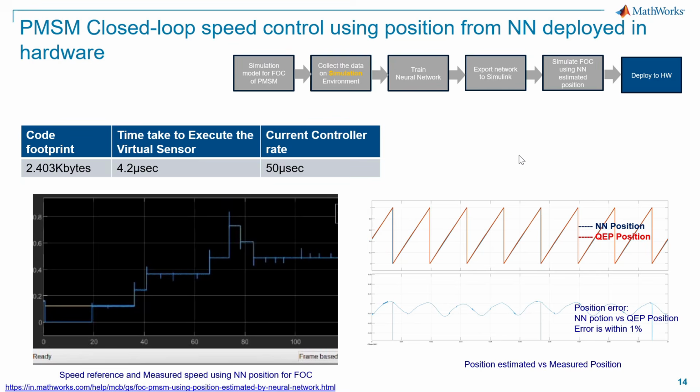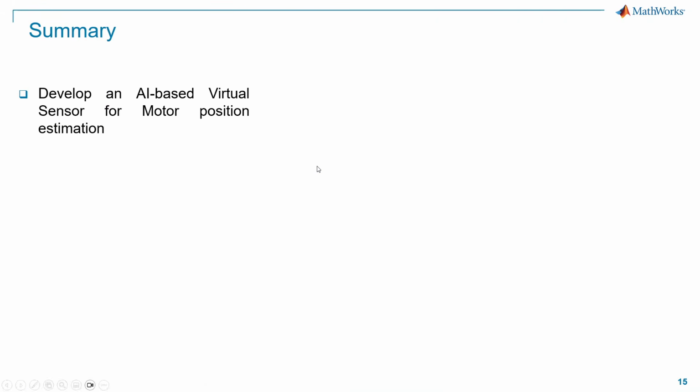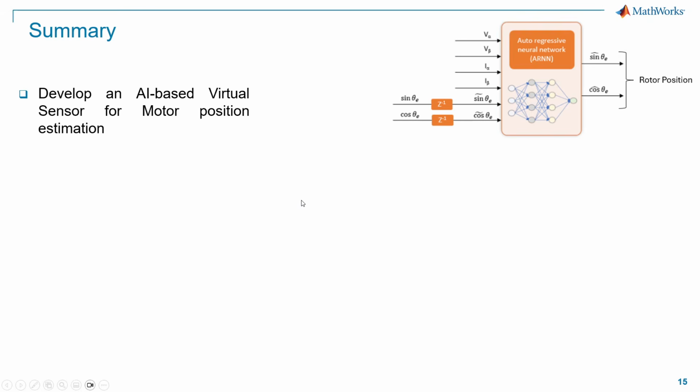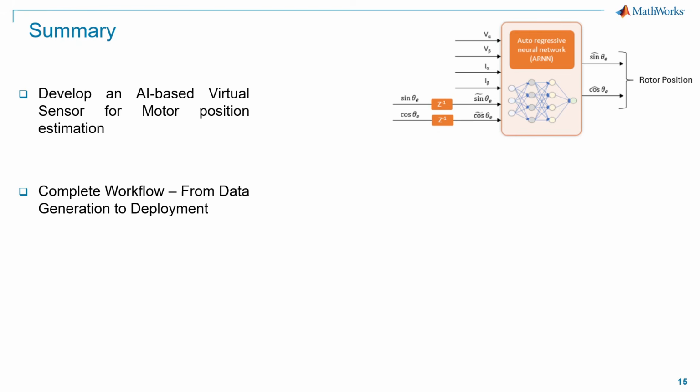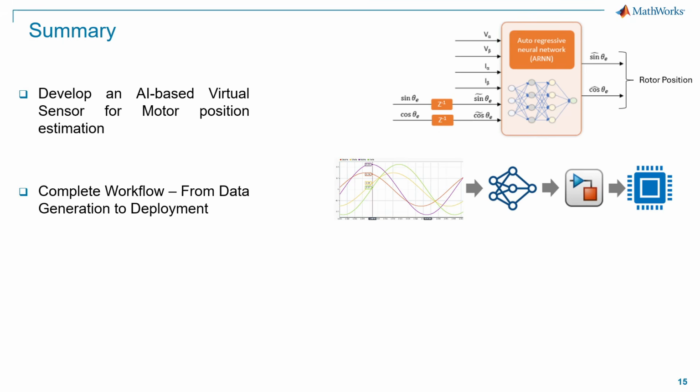So with that, we have come to the end of this video, and summarizing, we went through this workflow wherein we demonstrated how to develop an AI-based virtual sensor for motor position estimation, thus replacing physical sensors with a data-driven approach. We started from data generation, moved through neural network training, and finally deployed and validated the model on hardware.